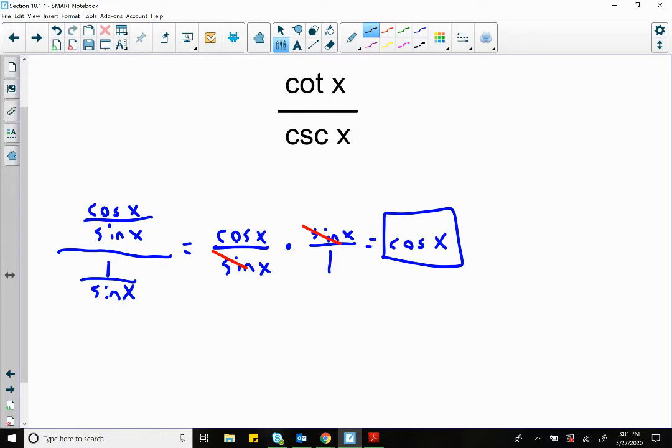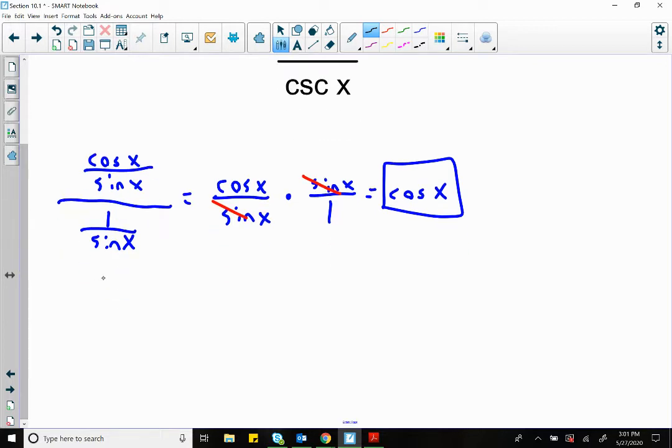So we can think of cotangent as cosine x over sine x, but say I wanted to keep the cosecant. Again, there are lots of ways to do this. This is all about just manipulation, using identities that you know. Up here, I can separate this into two fractions. It really does look like this.